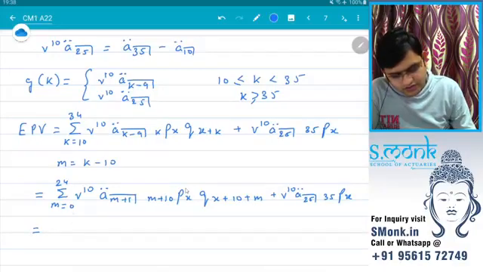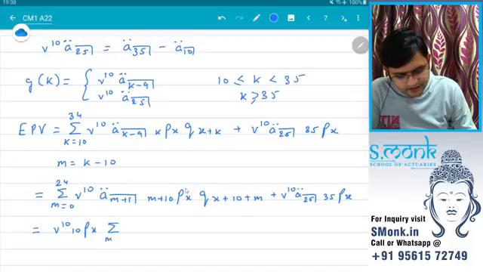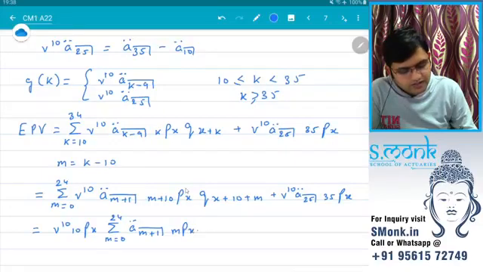So here v raised to 10 I will take it outside, 10 px I can take it outside. What am I left with inside? Summation m equals 0 to 24 a due m plus 1, I have mp x plus 10 q x plus 10 plus m.